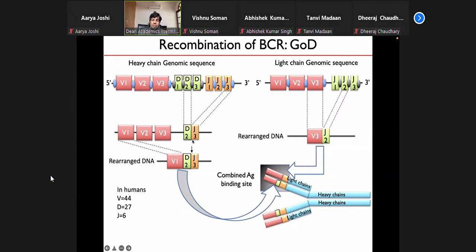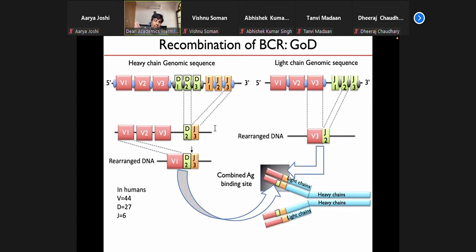Once you have achieved this, one of the V's out of many combines to complete this process of VDJ recombination. Now, this is still happening at the level of DNA.